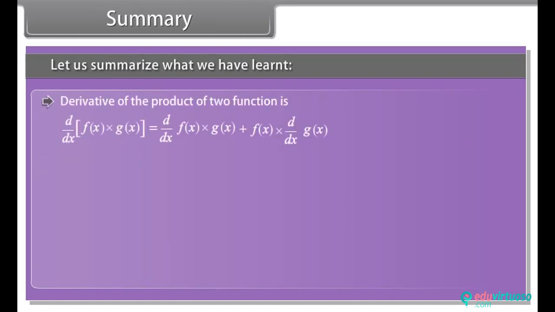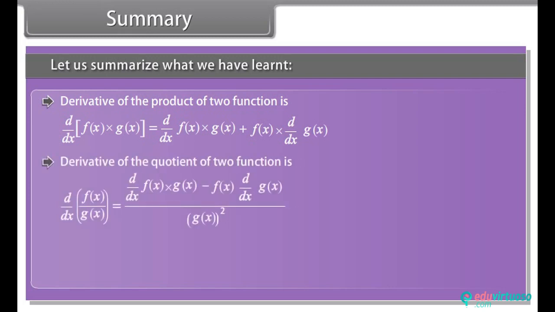Derivative of the product of two functions is d by dx of f of x into g of x is equal to g of x into d by dx of f of x plus f of x into d by dx of g of x.